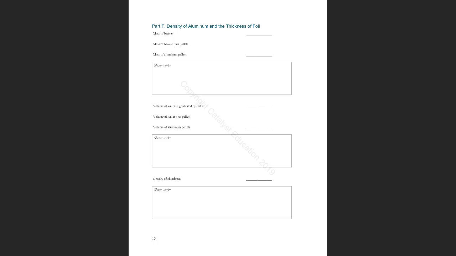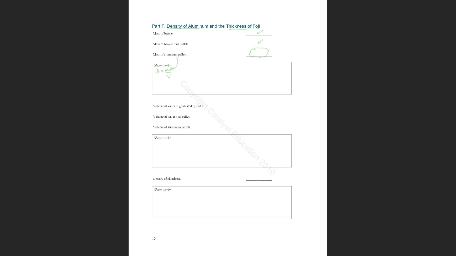The last part is density of aluminum and thickness of the foil. So basically, the density of the aluminum is what we've been seeing all the time. Density, we said, is mass divided by volume. So they give us the mass of the beaker and the mass of the beaker plus the aluminum. So by difference, this minus this, we calculate the mass of the aluminum pellets.